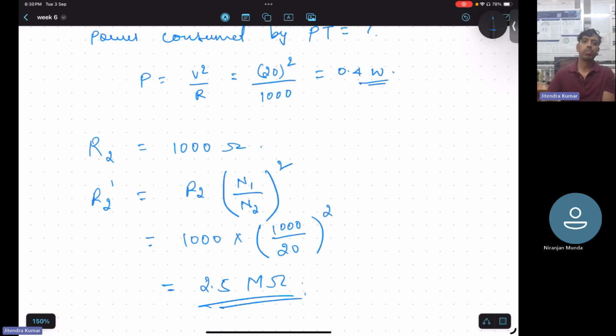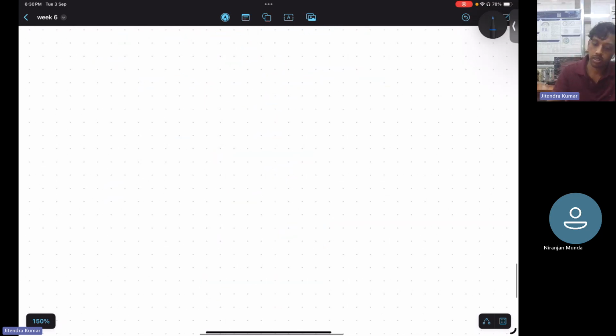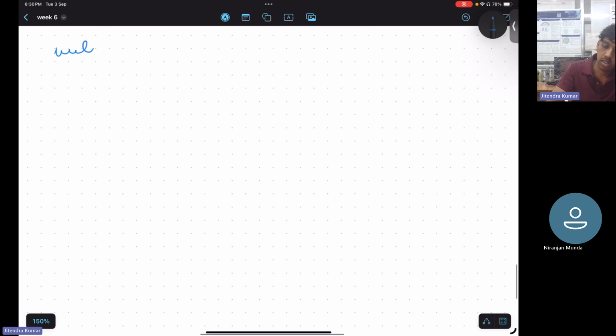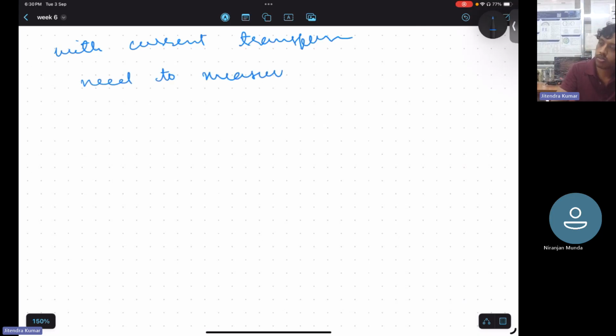Again, this is with the potential transformer. Now with the current transformer, we again need to measure 1000 ampere.